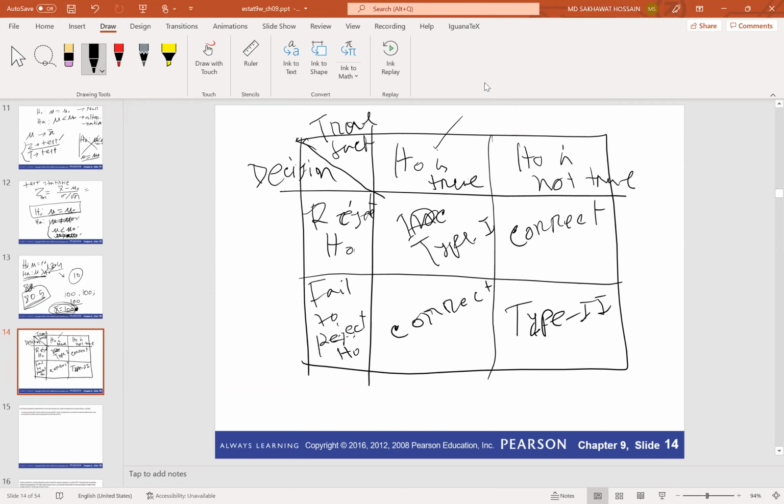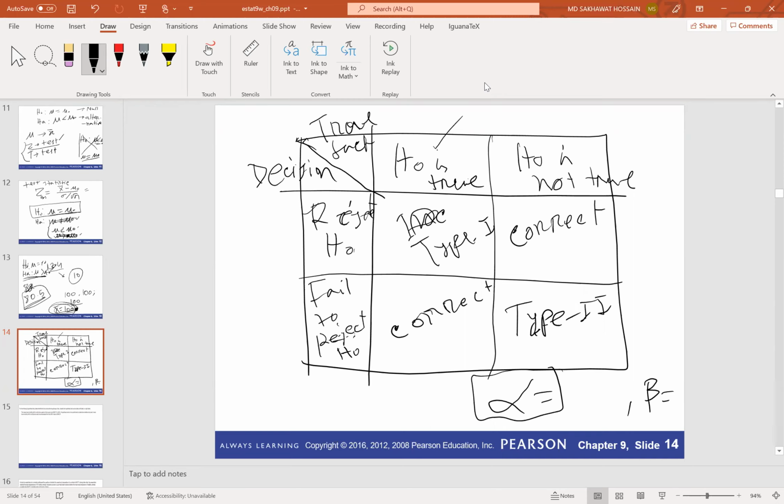Sometimes type 1 error is more serious. The probability of type 1 error is alpha and the probability of type 2 error is beta. Before doing any hypothesis test, we will fix the value of alpha. How much alpha you will consider depends on the situation.